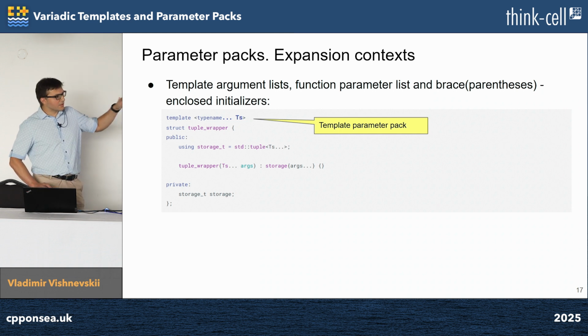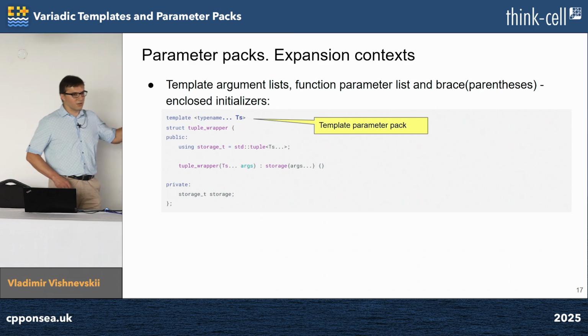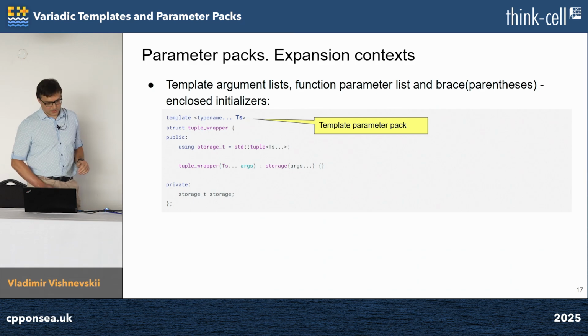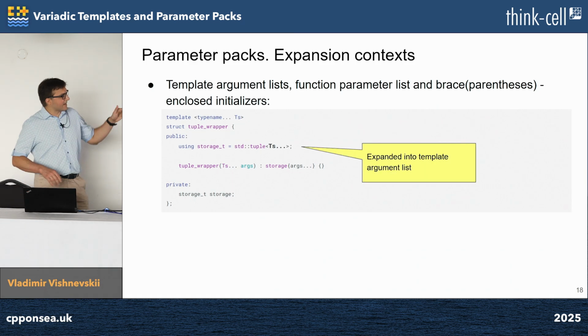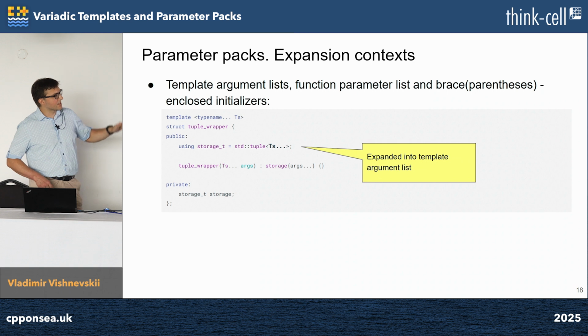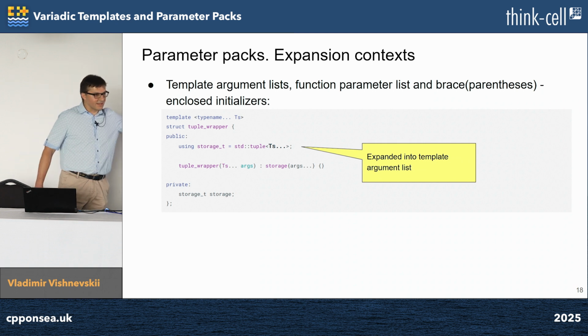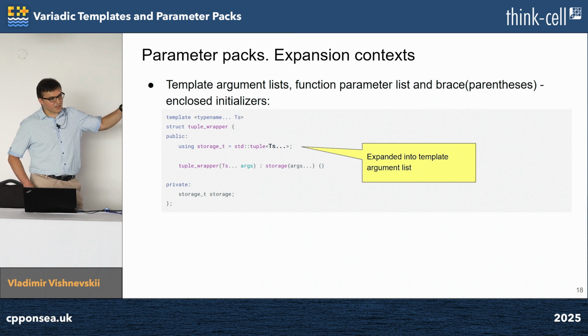To use a tuple as a storage, we need to provide the arguments for the tuple template, to say that we are going to store those items in the storage. And this is one of the expansion contexts that is supported for template parameter packs. It can be expanded into a template argument list. So here our storage will be a tuple that stores the types with which we will instantiate our tuple wrapper.